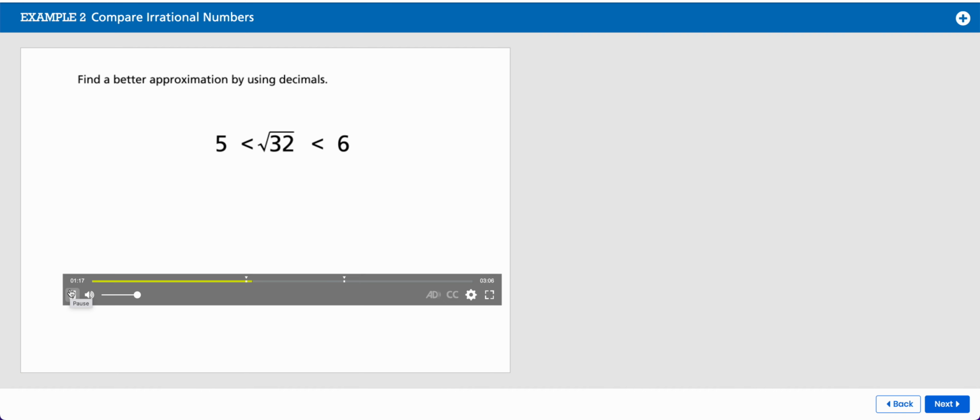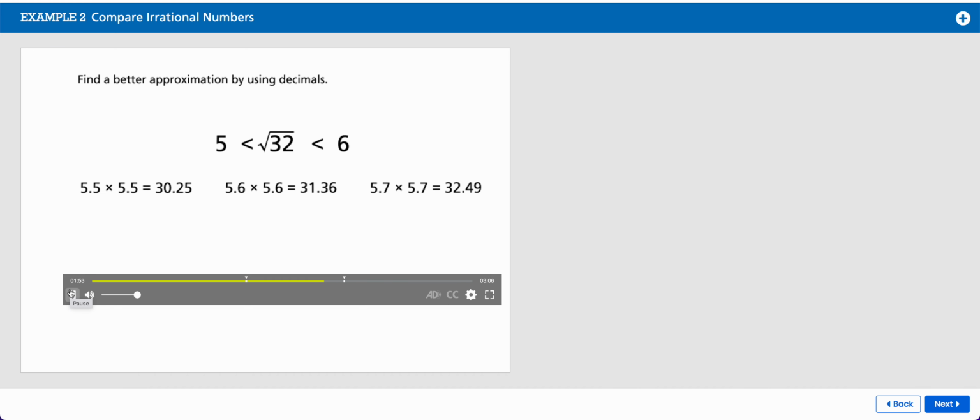You can find a better approximation of the square root of 32 by using decimals. For example, 5 and 5/10 squared is equal to 30 and 25/100, which is less than 32. 5 and 6/10 squared is equal to 31 and 36/100, which is also less than 32. 5 and 7/10 squared is equal to 32 and 49/100, which is greater than 32.